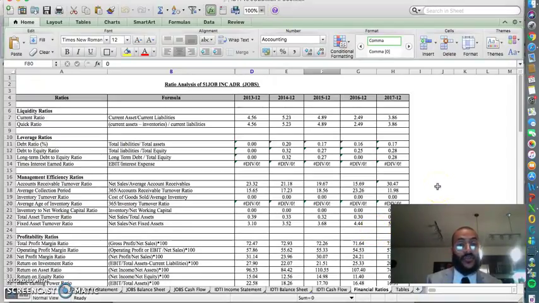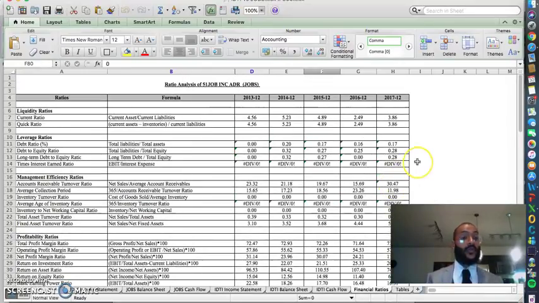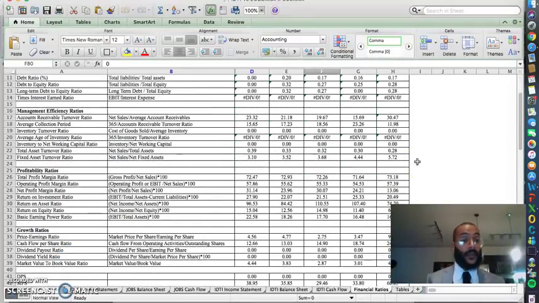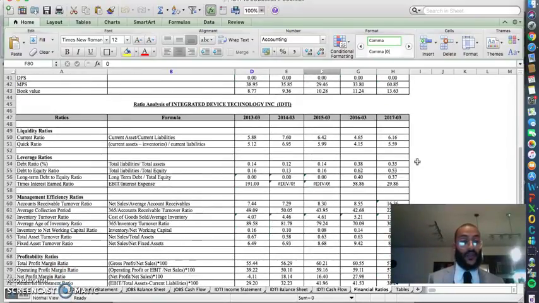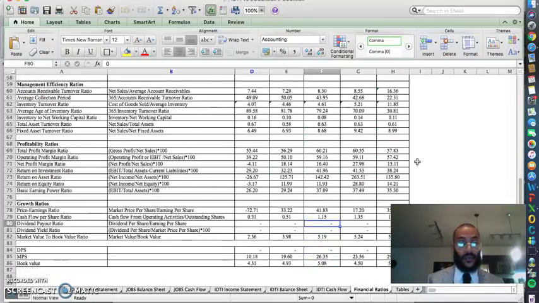And this is the ratio analysis of both companies. It shows liquidity ratios, leverage ratios, management efficiency ratios, profitability ratios, and growth ratios. And then as well for the other company, the main company, IDTI, it shows the same thing and how the numbers are different.